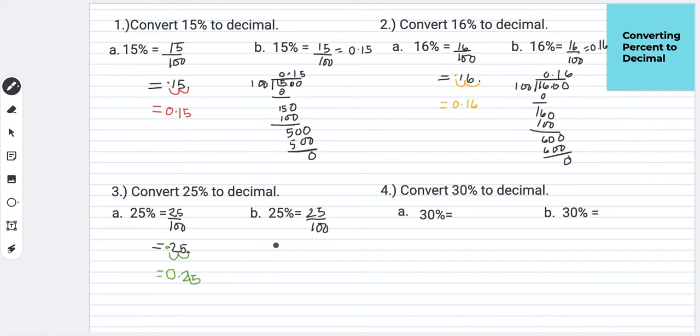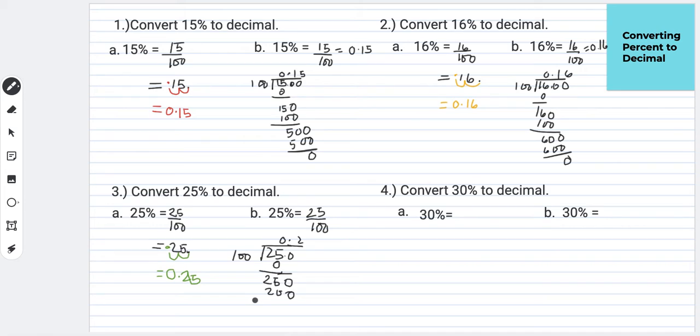Now, we have to use another method, that is 25 divided by 100. Using the long method of division, we have to do this one. 25 divided by 100 cannot be, so it is 0. So that is 0 times 100 is 0. Subtract, we have 25. Add 0 here, so that becomes 250 when we bring down 0. 250 divided by 100, we have number 2, 2 times 100, we have 200.